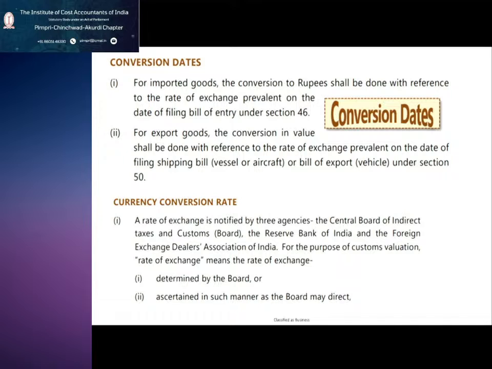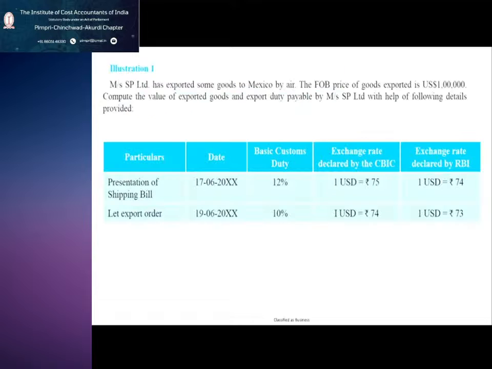The rate of exchange means that which is determined by the board or ascertained as the board may direct. So we should be careful in selecting the conversion date and the conversion rate. We'll start with the problem, so you will come to know where and which rate we need to consider here. So we'll start with this illustration.